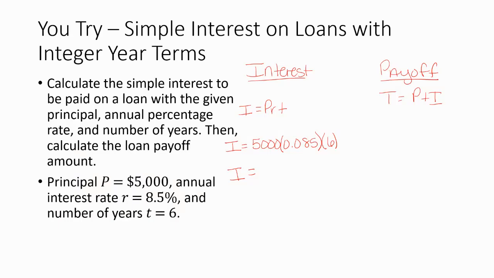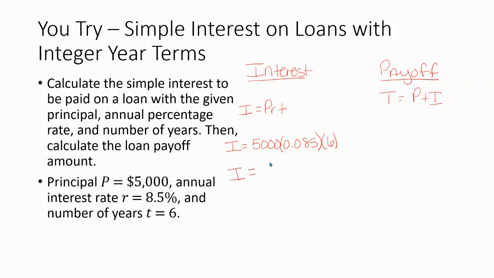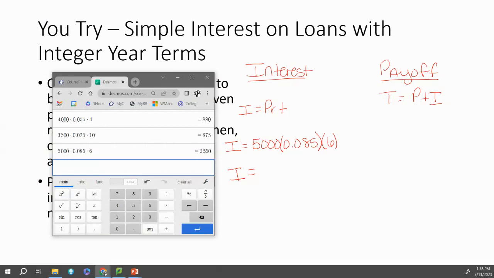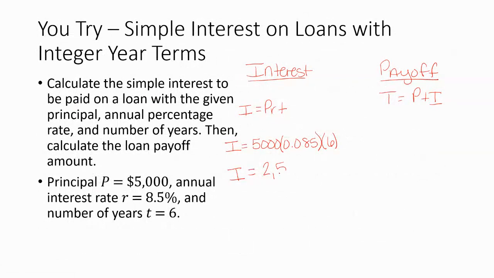And come on, there we go. 5,000 times 0.085 times 6 years. And that gives us, I just lost it, $2,550.